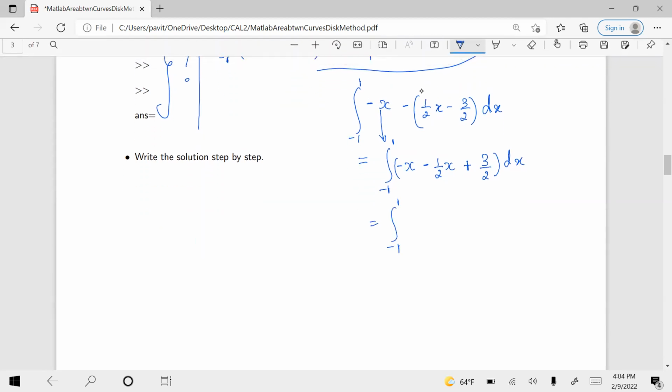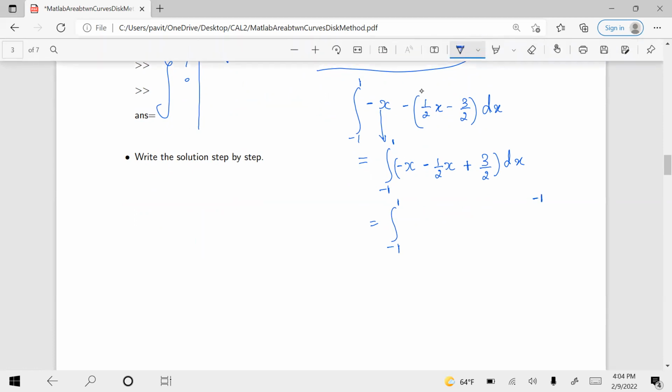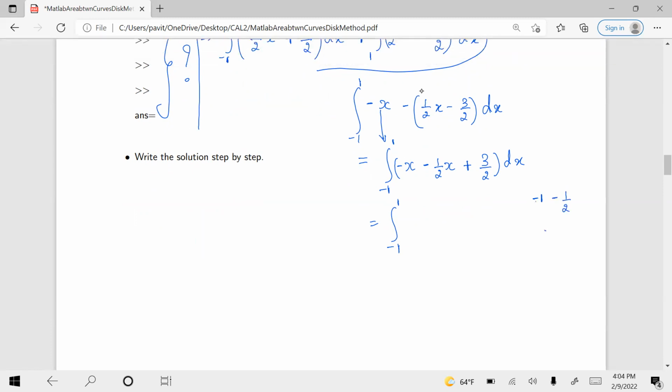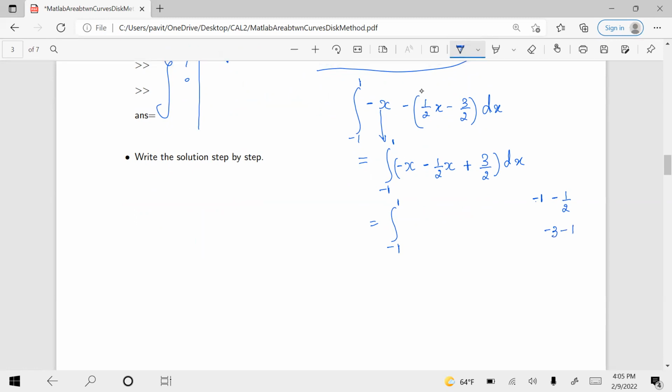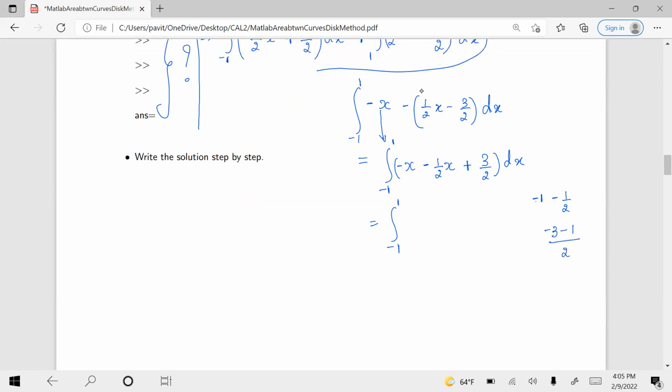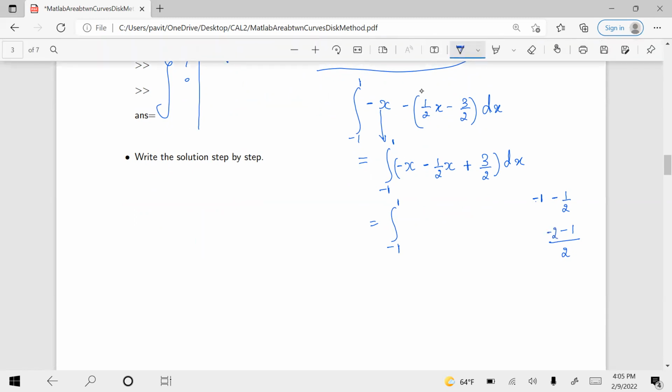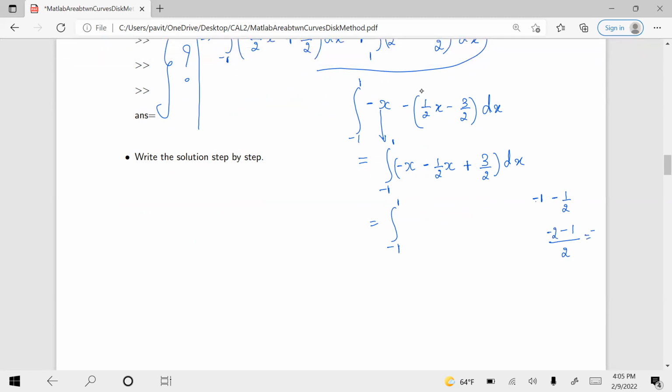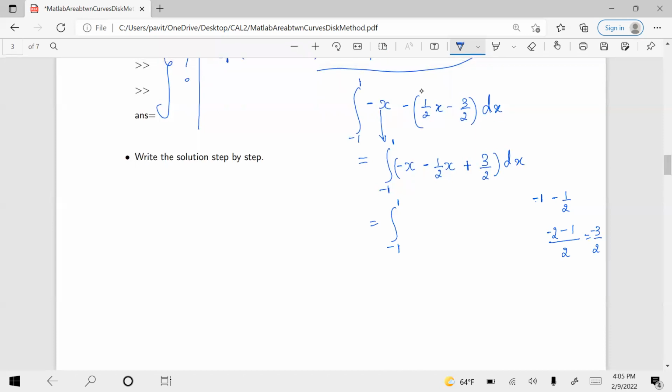Negative 1 to 1. So since we have like terms, because we have x here, we have x here, that will give you negative 1, negative half. Taking LCM, that will give you negative 3 minus 1 divided by 2. Negative 2 minus 1 divided by 2, right? So this is negative 3 by 2.